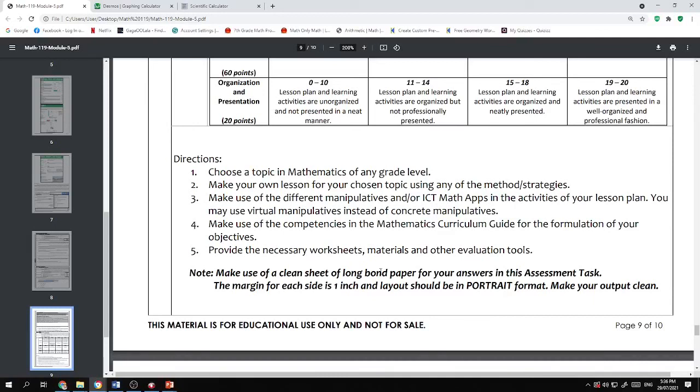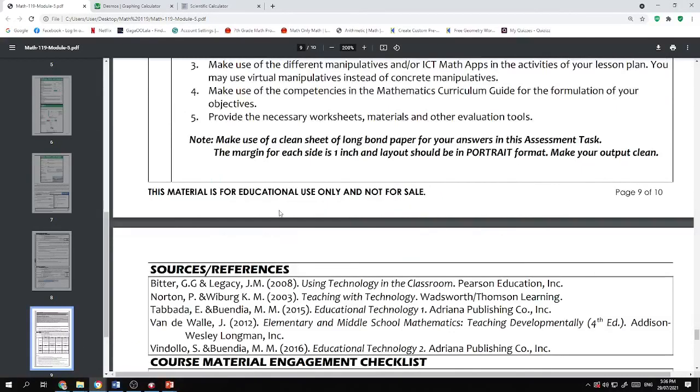So, if you're having a geometry lesson, you can use the geoboard. If you're having probability, it's up to you. There are a lot of manipulatives and ICT apps for that. Okay?